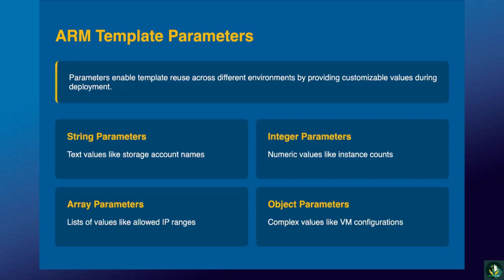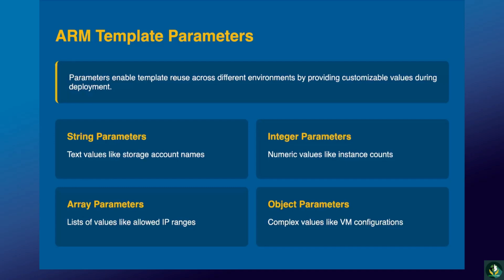For example, if your template creates a storage account like we did in the previous demo lesson, you can parameterize the storage account SKU, for example, standard_LRS, so that it can be specified during deployment. This approach enhances reusability and adaptability.